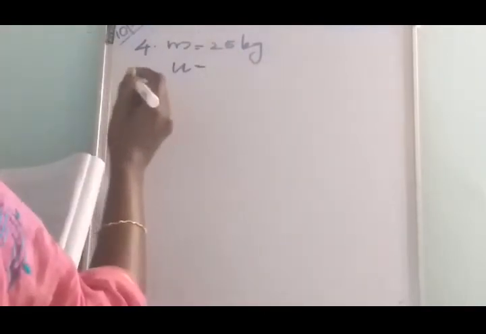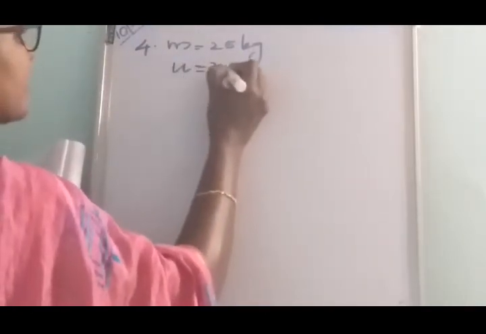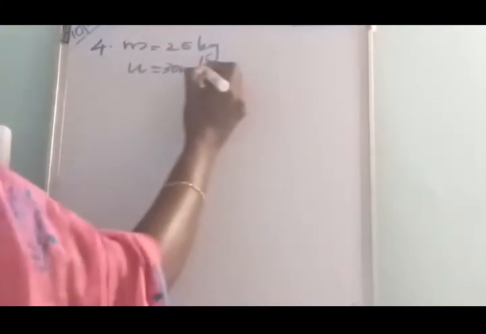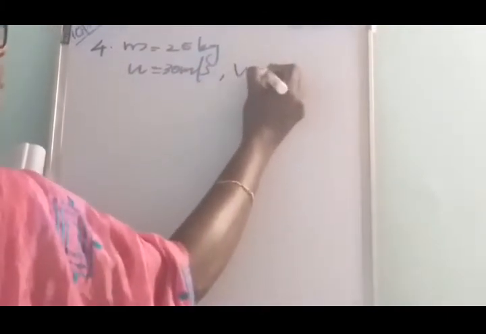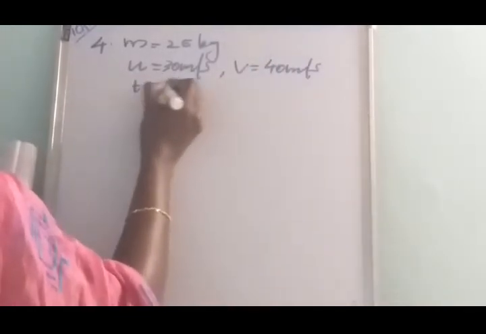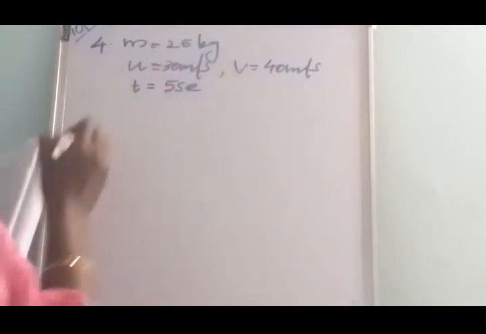The initial velocity u is given as 30 meter per second. After that, a force is applied for 5 seconds, so its velocity changes to 40 meter per second. So the final velocity v is equal to 40 meter per second during the time t equal to 5 seconds.